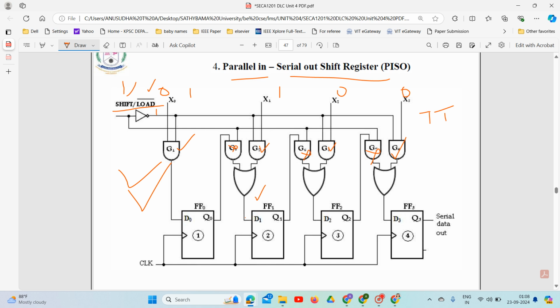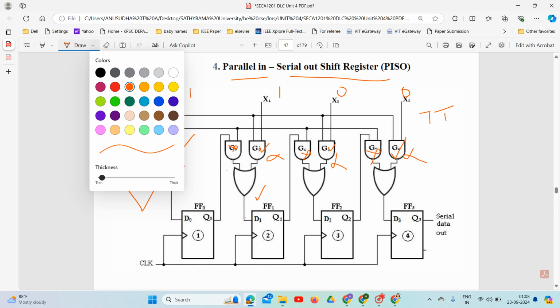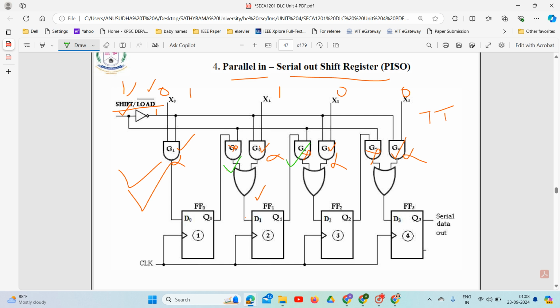So now if the input is 1, it performs the shift operation. For this one, G1, G2, G3, G4 are disabled, and G5, G6, G7 are enabled when shift is 1.